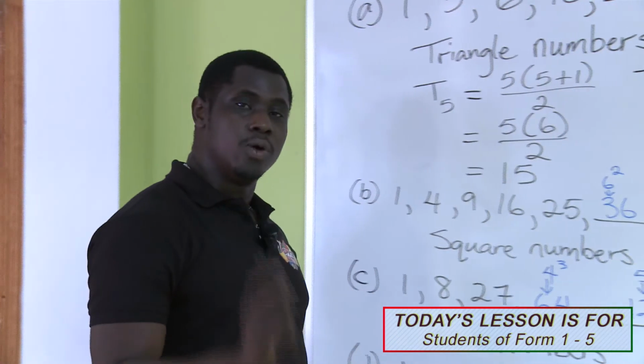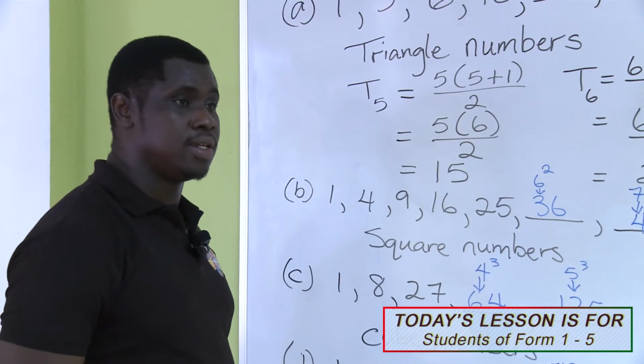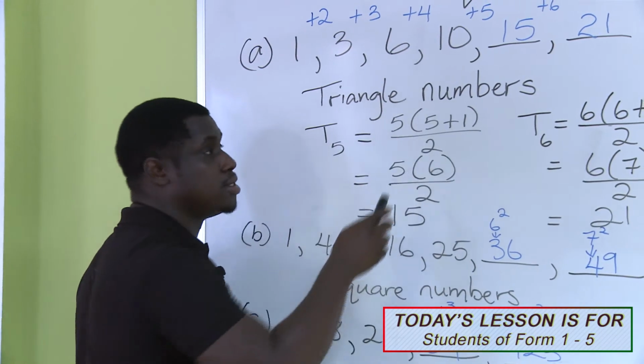Now let's compare what you got to what I got. For the first sequence, I realized that my pattern is I had triangle numbers.